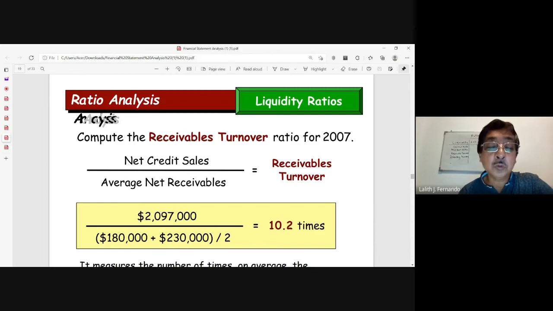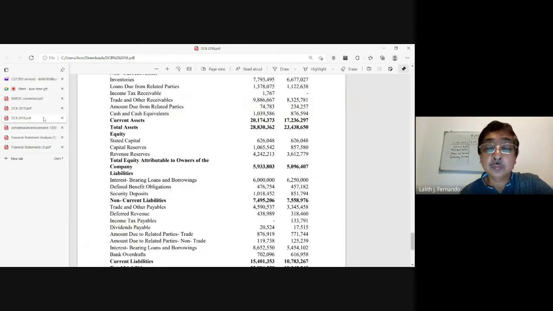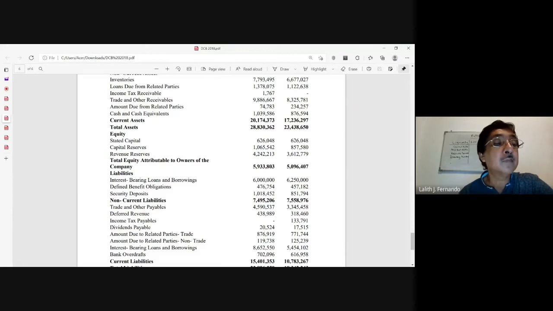Now this is a ratio from which you can get several pieces of information. In the calculation of the acid test ratio, you can take cash and cash equivalents.